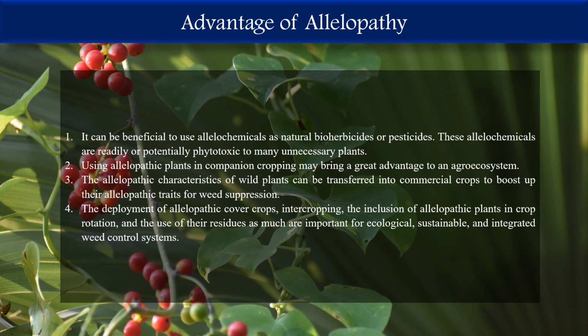Now we come down to the cons of allelopathy, like what the disadvantages of allelopathy are. It is itself a weed, and hence it is sometimes an unwanted species. The growth of allelopathic plants is difficult to control, because once the weed has spread in that area, it will be very difficult to remove that particular species.